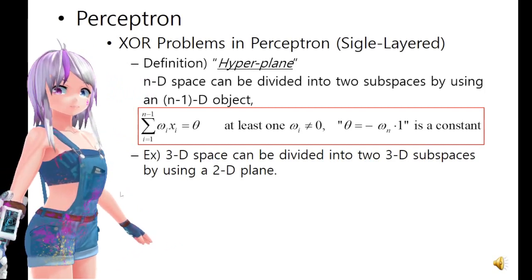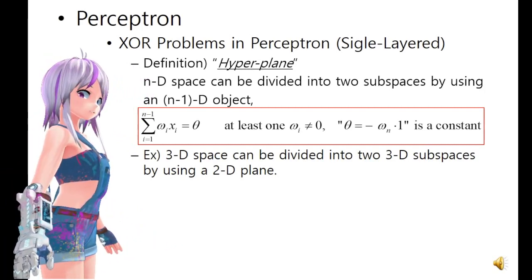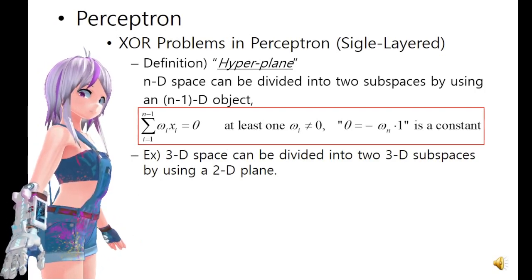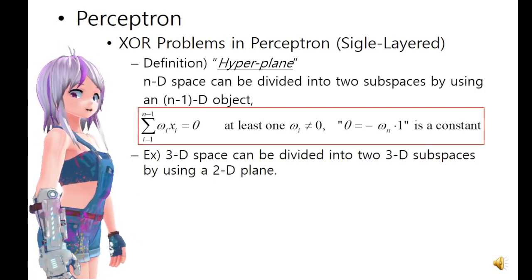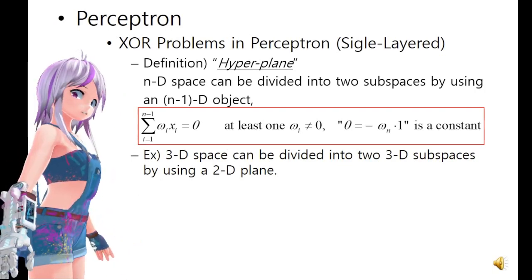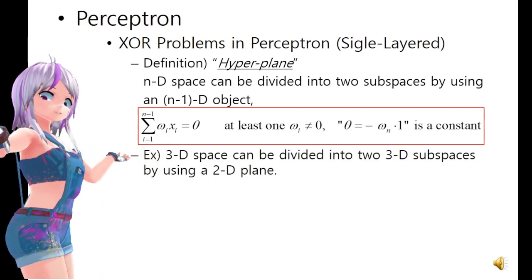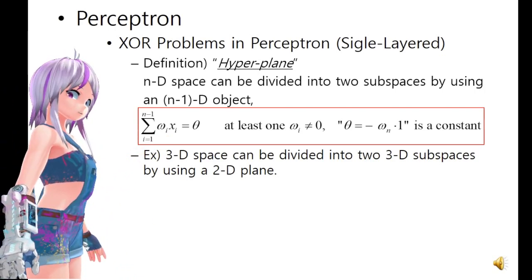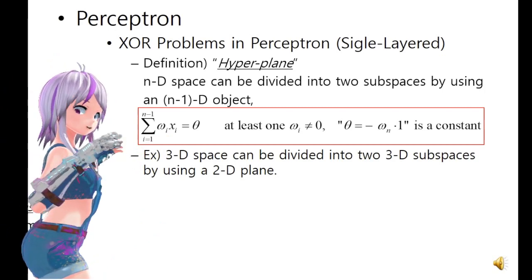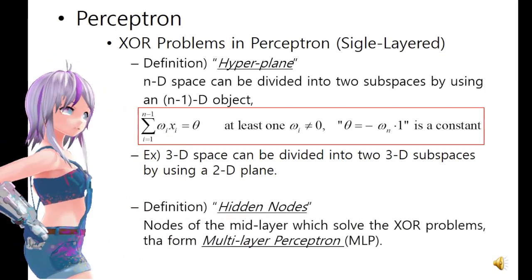Okay, so if you include this bias in the process of the learning algorithm, then you have n-dimensional space, and this can be divided into two subspaces. For example, in 3-dimensional space, we can divide those spaces into 3D subspaces by using a 2-dimensional plane.